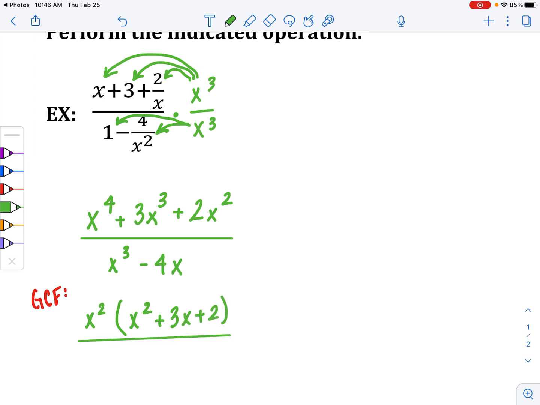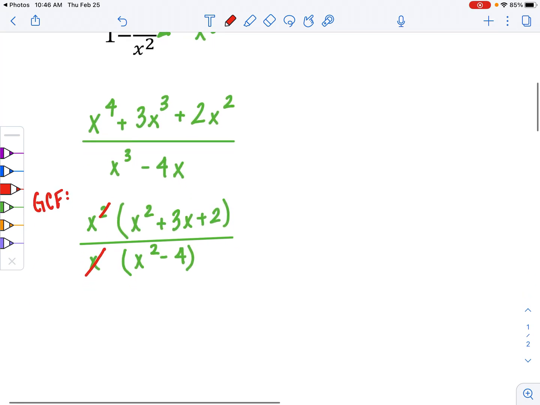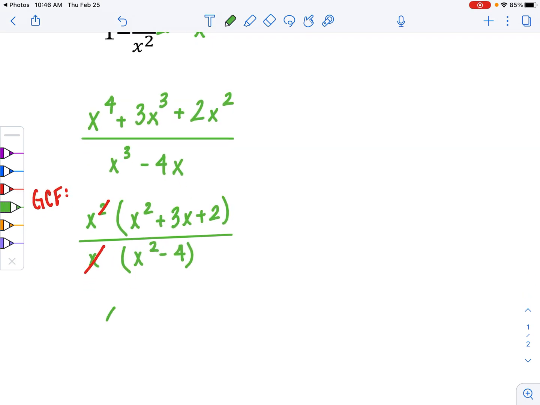And in the denominator, you can factor out an x. Here, this x squared and x will cancel. Moving down, so I'm going to have x times x squared plus 3x plus 2 all over x squared minus 4.